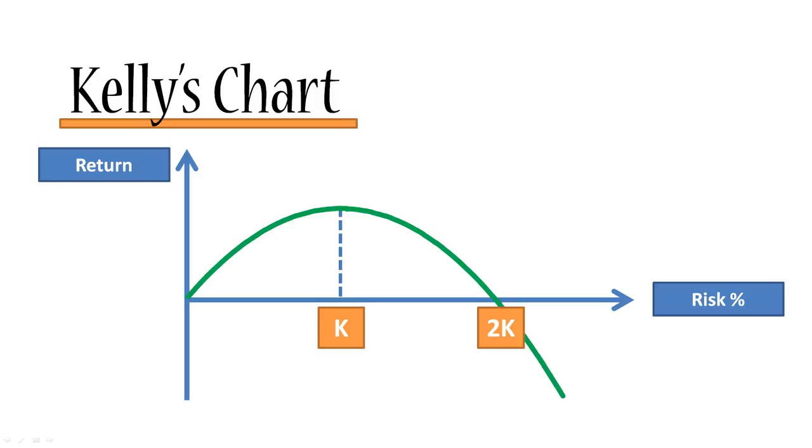So regardless of how you change the rules for the coin toss game, or moreover what kind of trading strategy you use in your trading, your optimal outcome will always be, in the long run, if you bet exactly K percentage of your account balance, and your break-even point will always be double that, will always be at 2K.